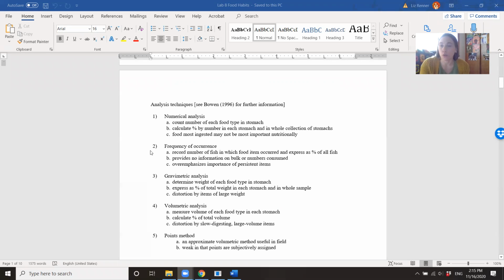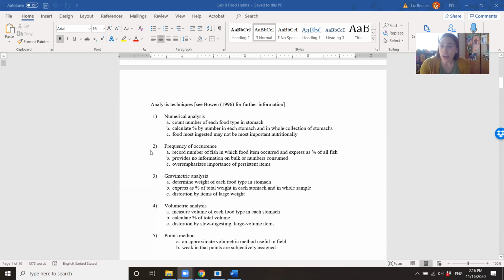So like the percent of total weight in just the single fish compared to the total weight of all of the food items of all of the fish that you sampled from a particular impoundment. The problem with gravimetric analysis, again, is that there's distortion by items of really large weight. So if you have just a few items, like a crayfish or something, and then the rest of your samples don't have crayfish, that crayfish is going to be a lot heavier and it's going to skew your sample, right?